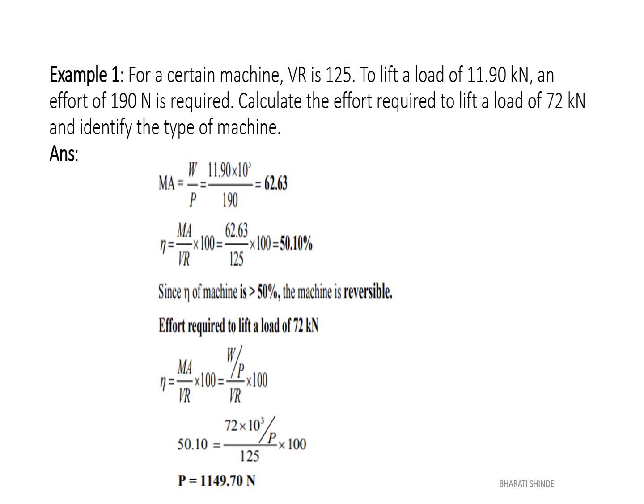So as we know, MA is nothing but W by P. So W by P upon VR into 100. And after putting the values and by cross multiplication, we will get effort, that is P as 1149.70 Newton. In this way, you can solve various numericals by changing the values.